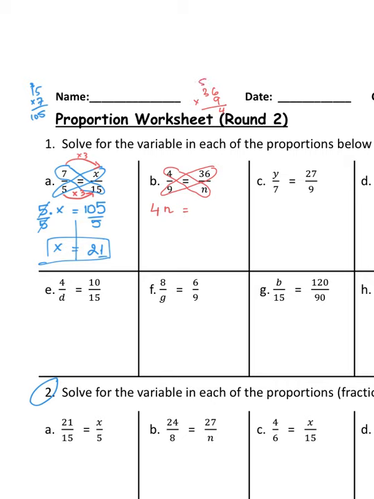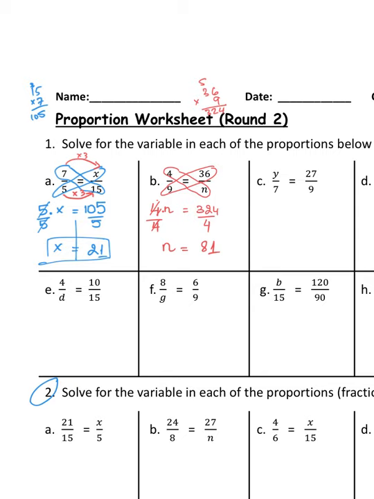Add 5 will be 32, so 324. So 4 times n equal to 324. I divide by 4 on both sides to isolate my variable n. 4 over 4 is 1n. 324 divided by 4, I get 81.